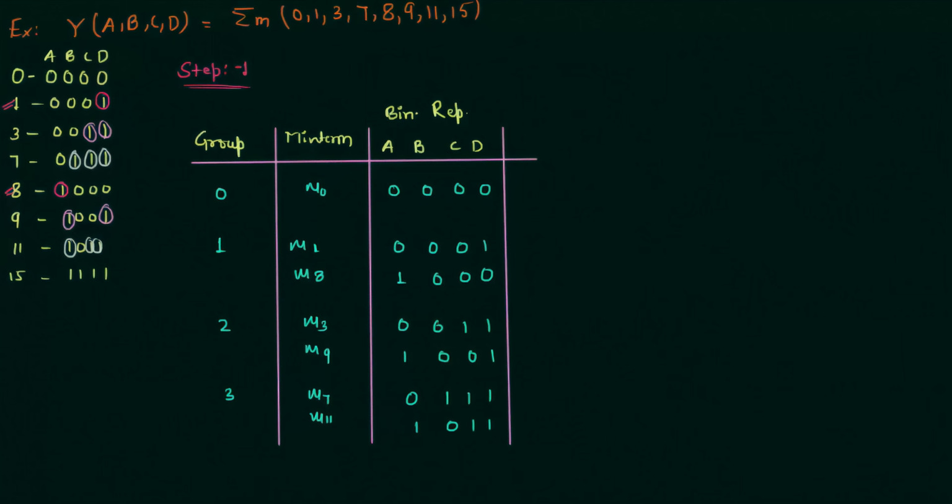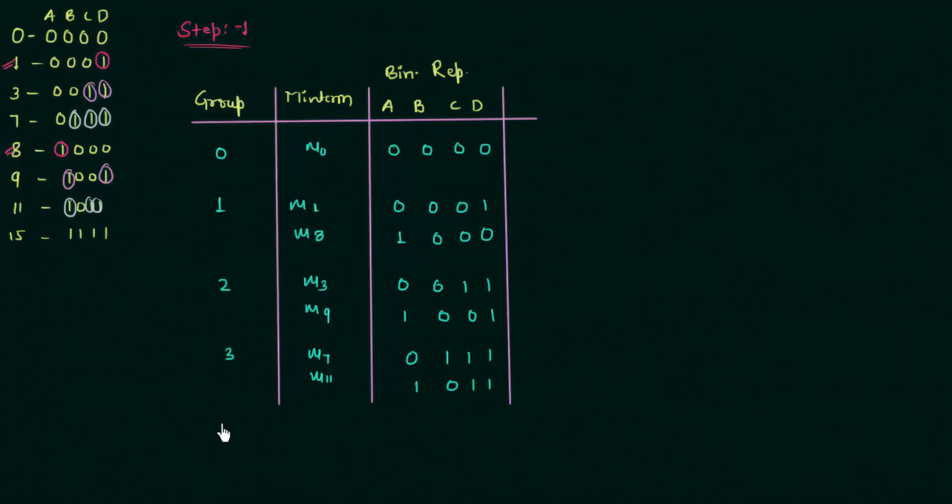And group number 4 will have the min term with 4 ones, and we will have only M15 in group number 4. So this is what we have to do in step number 1. We have to form these groups depending upon the number of ones in the binary representation of the min terms.